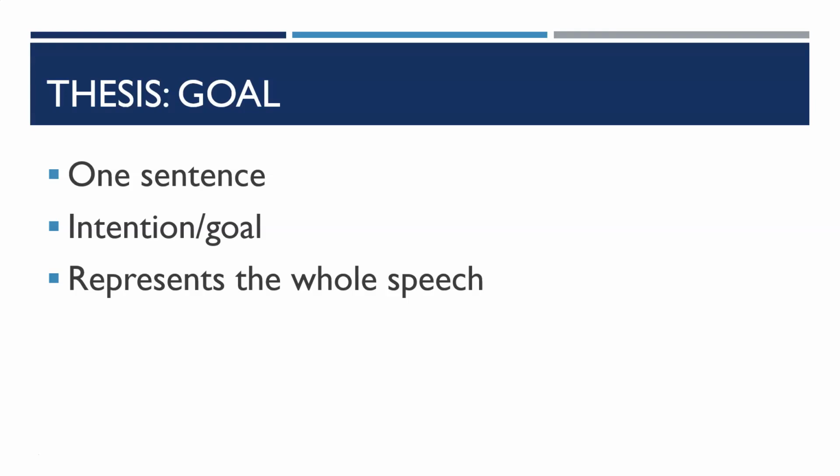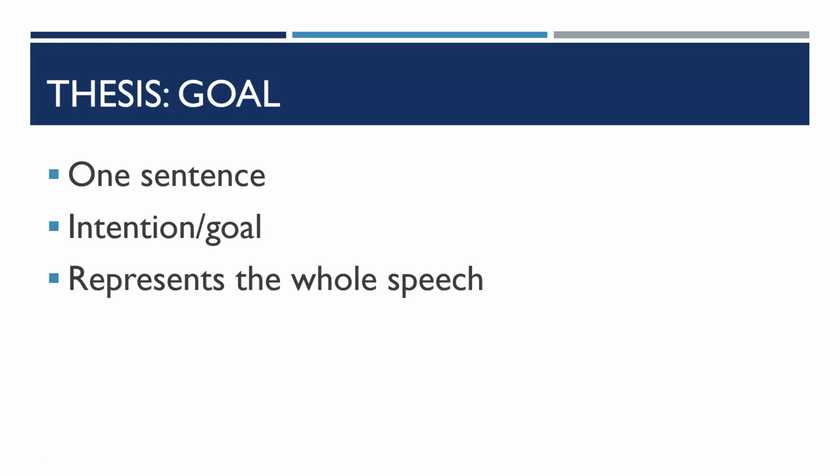If you're doing exercise as one part and diet as another, then that's not what your speech is. What you can do today to lose weight might be the intention or goal if you're doing exercise and diet, right? So make sure it represents the whole speech.